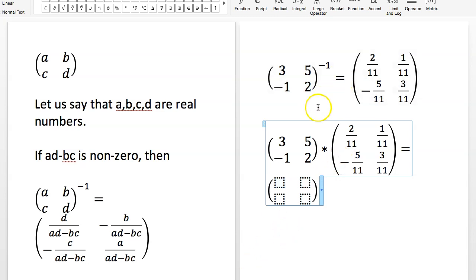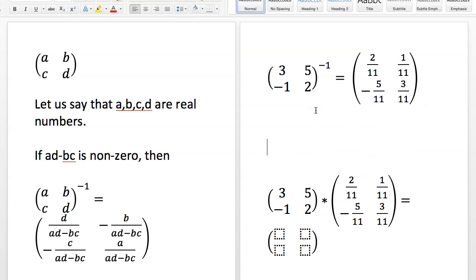So we can do this. Remember, when you're doing matrix multiplication, you have to make sure you can do it. Like an m by n times an n by p equals an m by p. The first and the last: m rows, p columns.